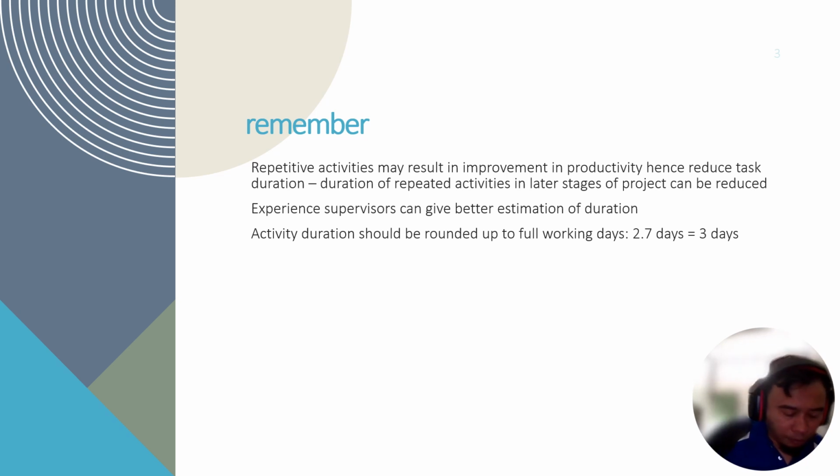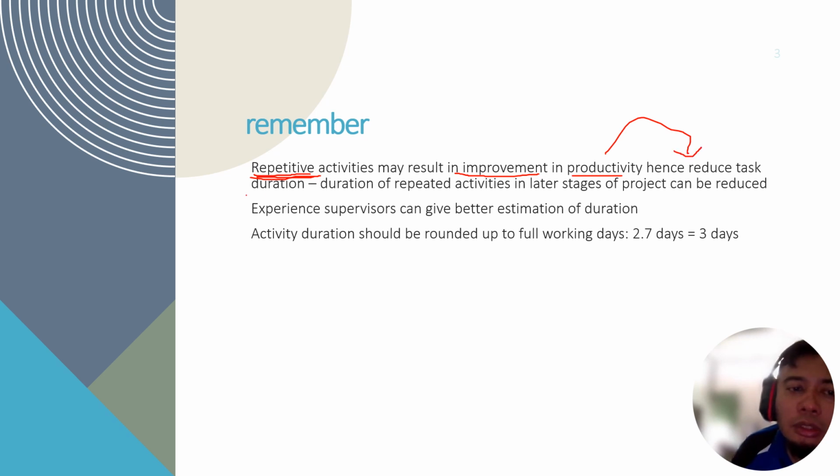But it is wise to remember that for repetitive activities, let's say piling activities being repeated throughout the whole project, let's say 3 times, because a lot of sections require piling, repetitive activities may result in improvement in productivity. Improved productivity leads to reduced duration.